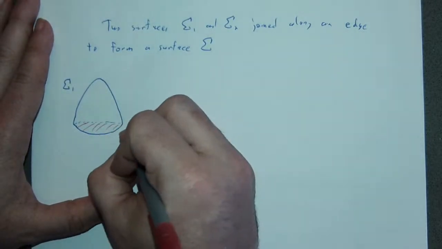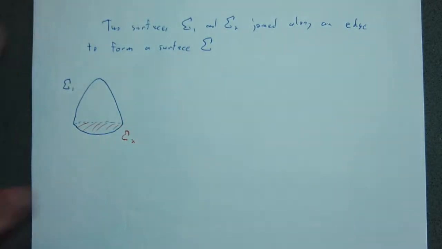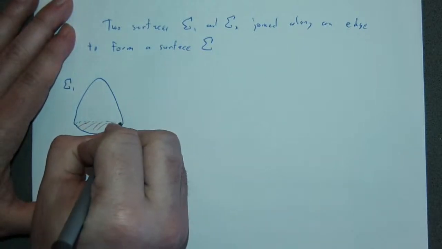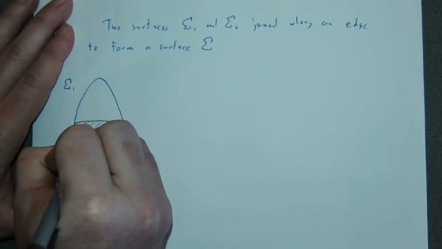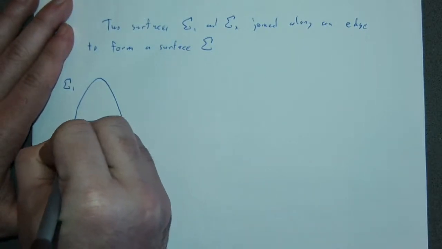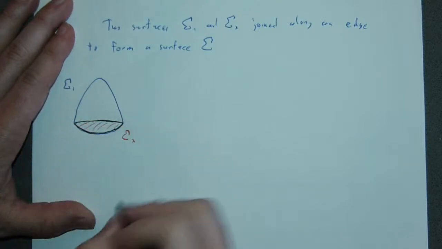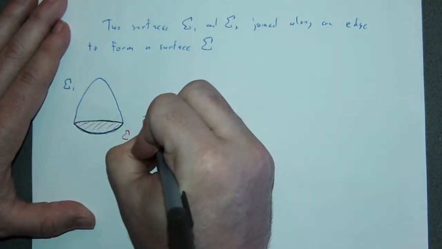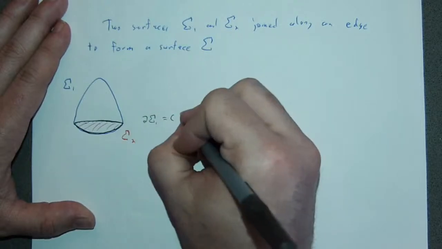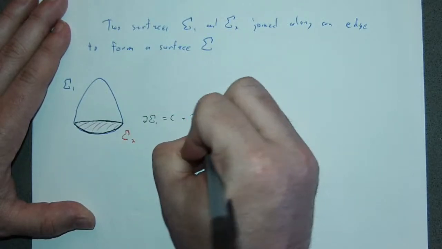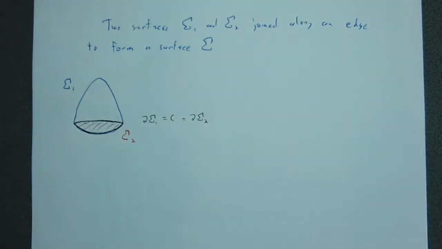We'll take that to be sigma 2. All right, and so they are joined along a curve. All right, so they have a shared boundary, C. So the boundary of sigma 1 is C, and the boundary of sigma 2 is C.